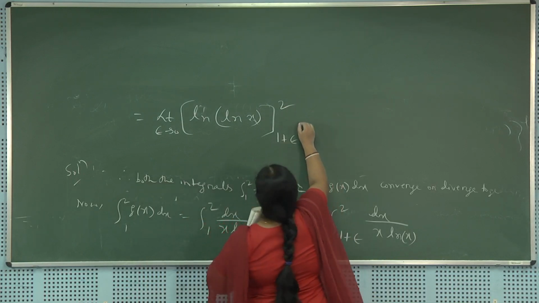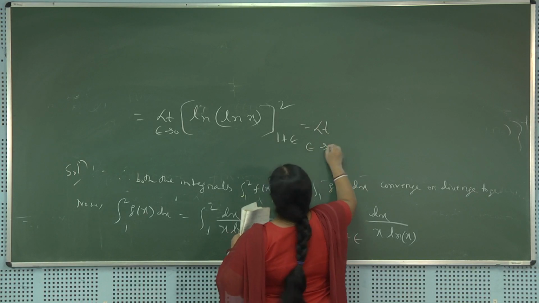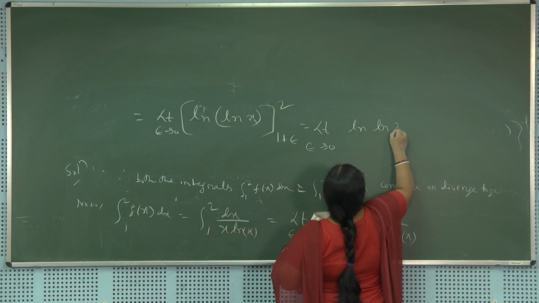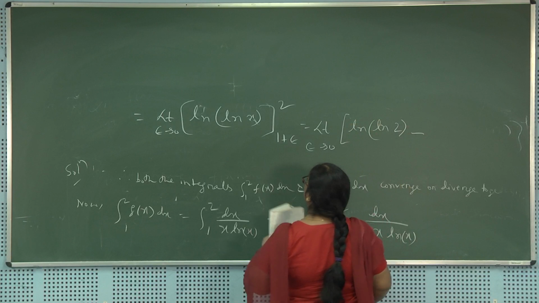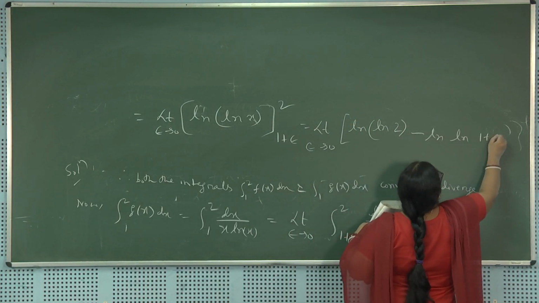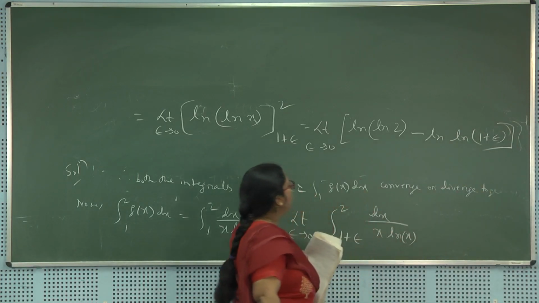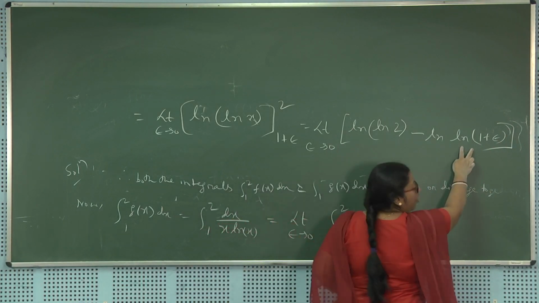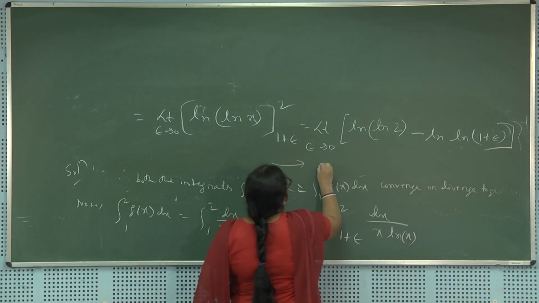Now if I substitute the limits, this will become limit epsilon tends to 0, upper limit is 2, so it will become log of log 2, minus log of log of 1 plus epsilon. Again, if you put epsilon equal to 0, log 1 is 0, and log 0 is undefined. So, this will again diverge.